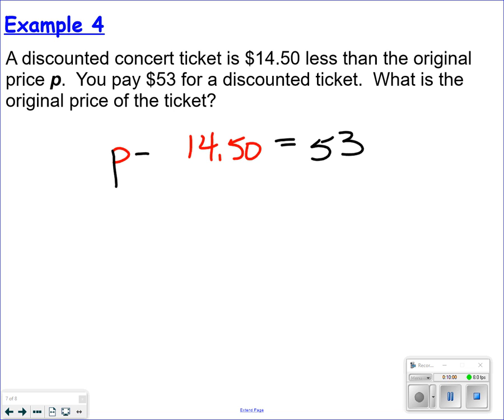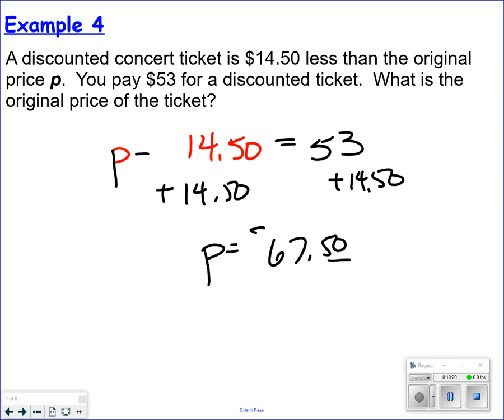So now the original price minus $14.50, that's how much you're taking off the original price, is equal to $53. Adding $14.50 to both sides, $67.50. Sorry about the pause there, I was interrupted.